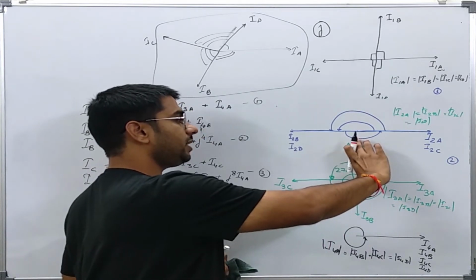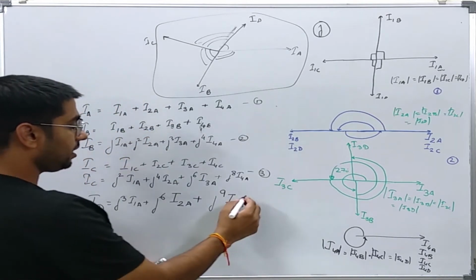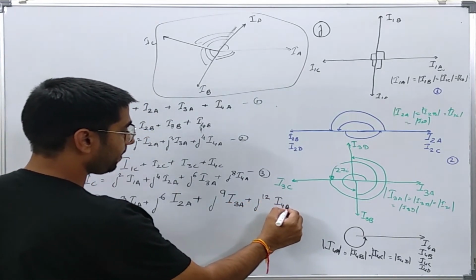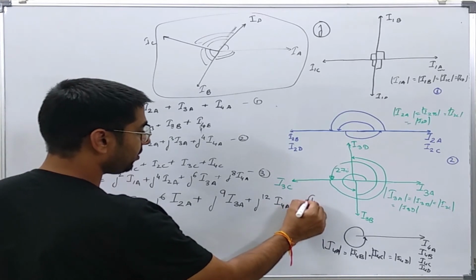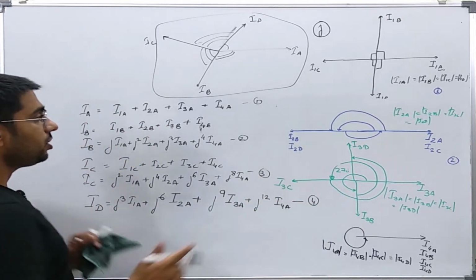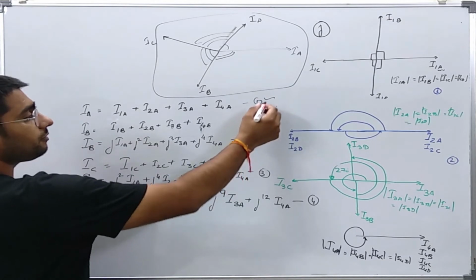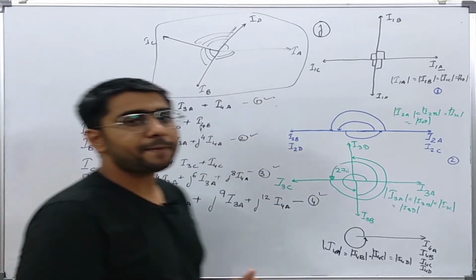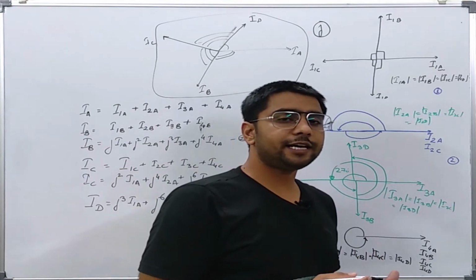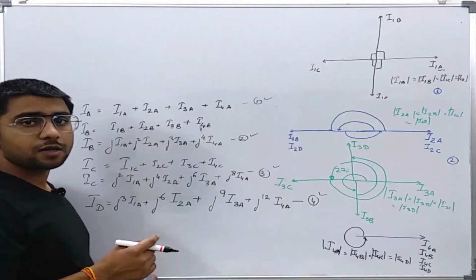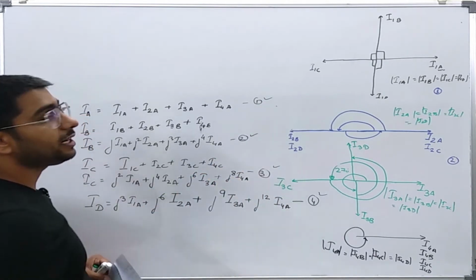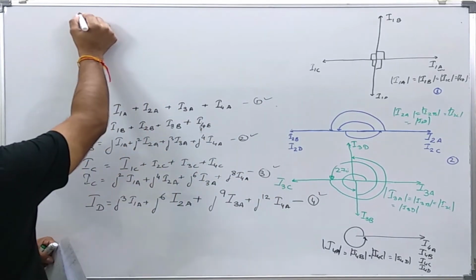It is going out to be J9 times, and it is J12 times I4A. Let us say this is equation number 4. Now from equations 1, 2, 3 and 4, I can write down the matrix form, which I will write in the next slide. Now let us write equations 1, 2, 3 and 4 in the matrix form.